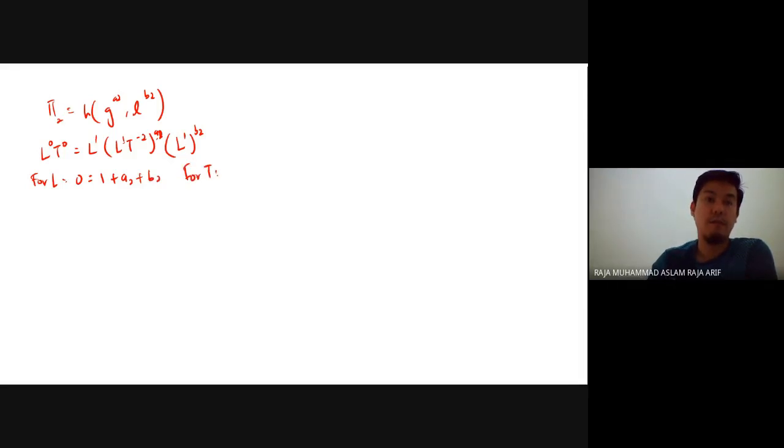For T, 0 equals minus 2 times a2, and there's no other term here. So a2 equals 0. We can solve b2: a2 is 0, so b2 will be minus 1.